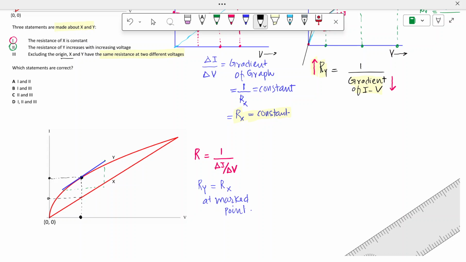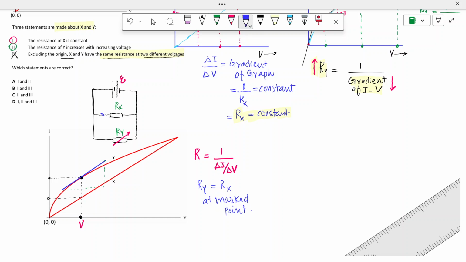So the statement that excluding the origin, X and Y have the same resistance at two different voltages is obviously wrong, because it is the same resistance at the same voltage. Which means that the two resistors might be connected in parallel, like this, one is Rx, the other is Ry, which is the variable resistance, so they have the same voltage.